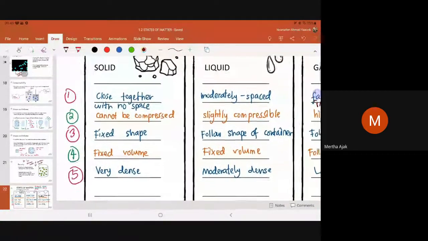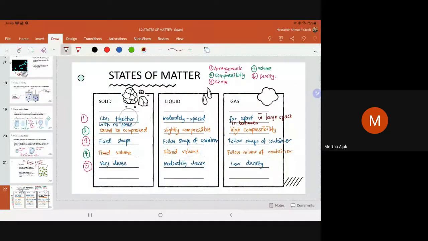So these are the characteristics ataupun properties, description of states of matter in terms of arrangements, compressibility, shape, volume and density. Kalau soalan tanya kamu untuk describe, kita kena nyatakan mengikut kehendak soalan ya.